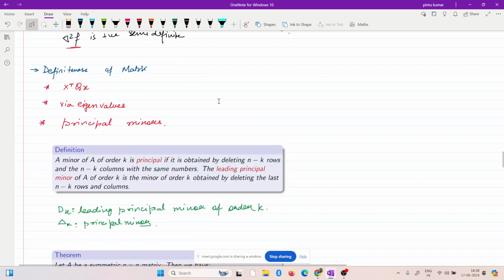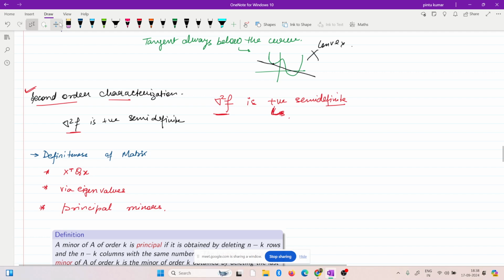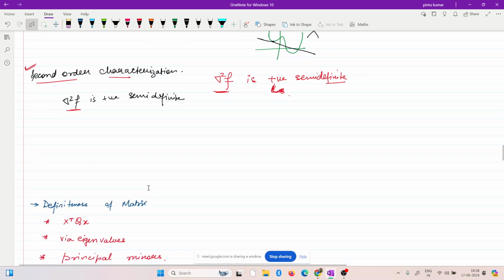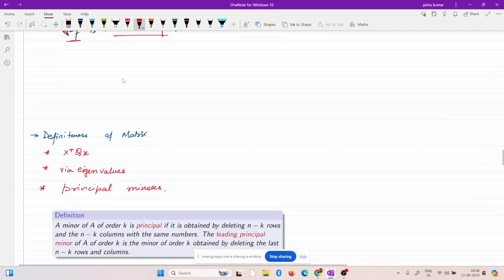Now I told you that this third property that we had, that is our second characterization, is the easiest or the most useful one to check whether a function is convex or not. For that, we just have to check whether the Hessian is positive semi-definite or not. Positive definite, or negative semi-definite.